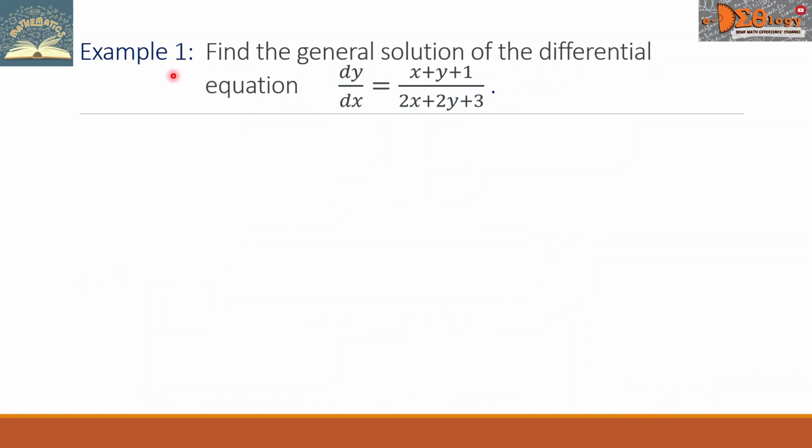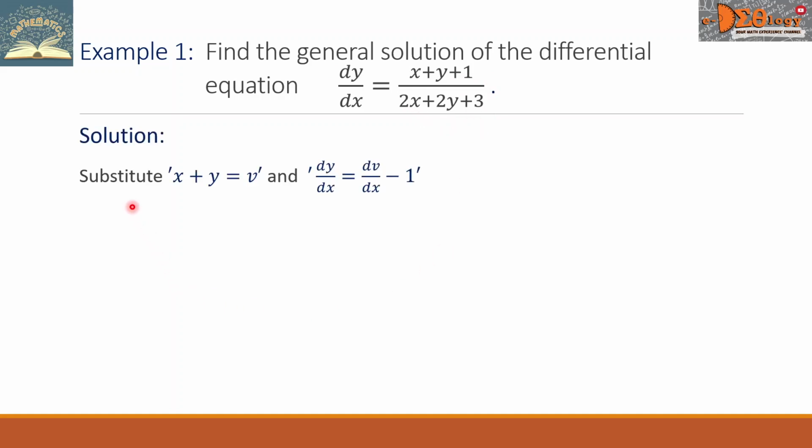Example 1. Find the general solution of the differential equation dy over dx equals (x plus y plus 1) all over (2x plus 2y plus 3). Let us substitute x plus y equals v and dy over dx equals dv over dx minus 1.